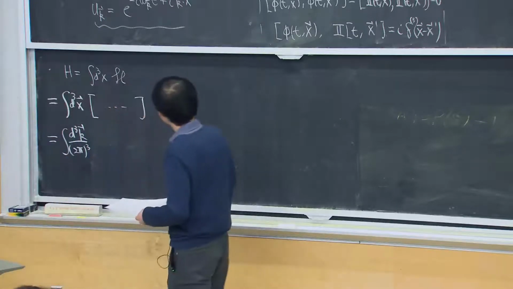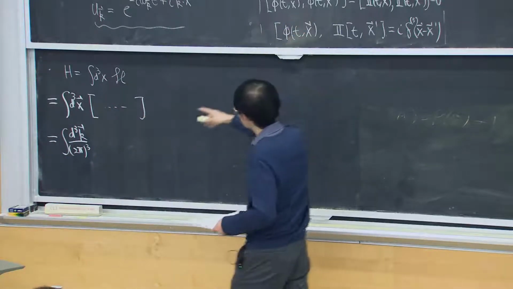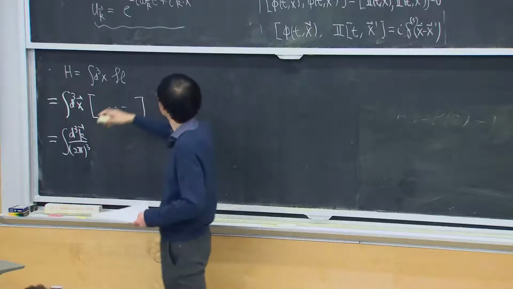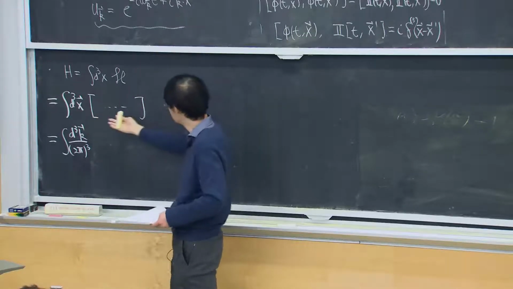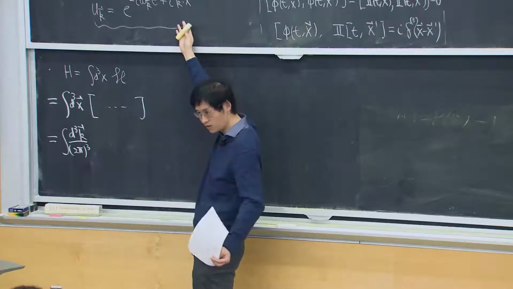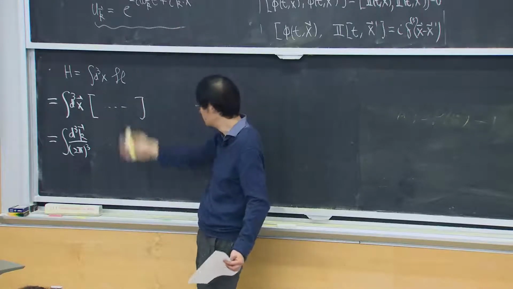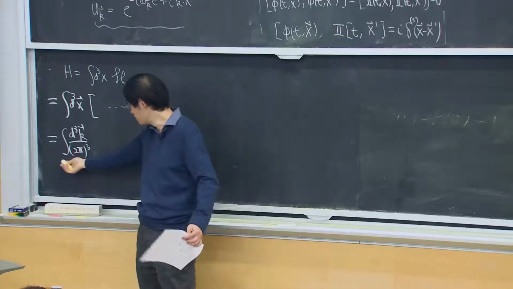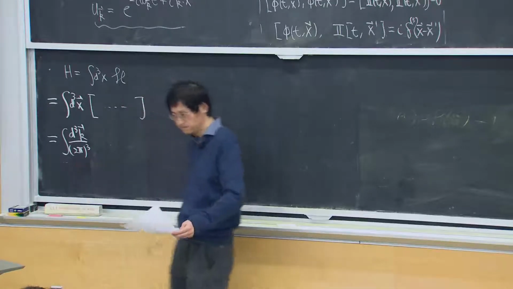So when you plug them in, you can actually do the spatial integral, because you just have the plane wave. When you do the spatial integral, that gives you a delta function in momentum space, etc. And then you can reduce everything into a single k integral.